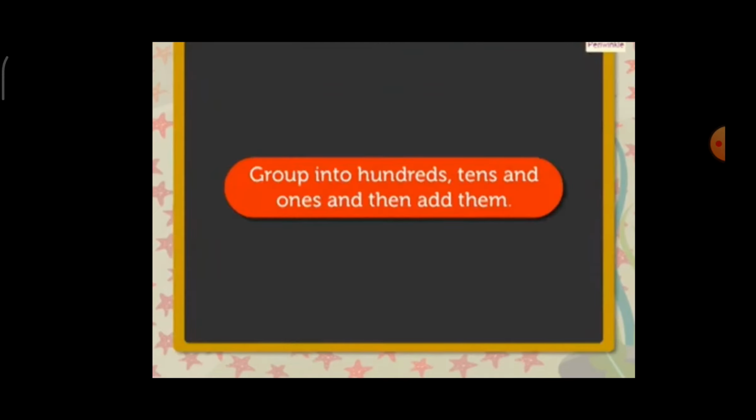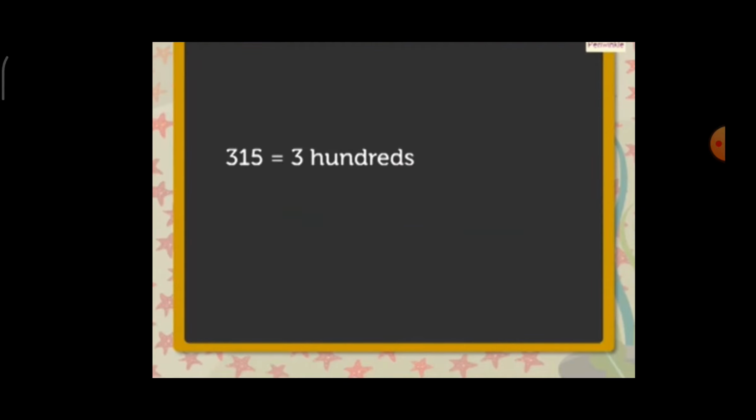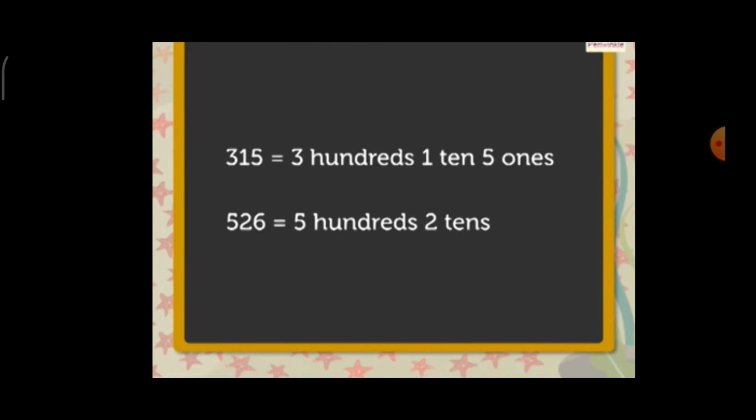Let us group them into hundreds, tens and ones and then add them. So there are 3 hundreds, 1 ten and 5 ones orange starfish, and 5 hundreds, 2 tens and 6 ones red starfish.